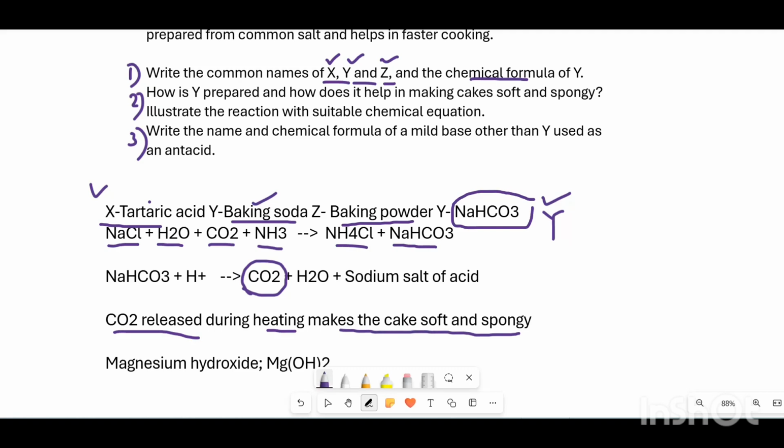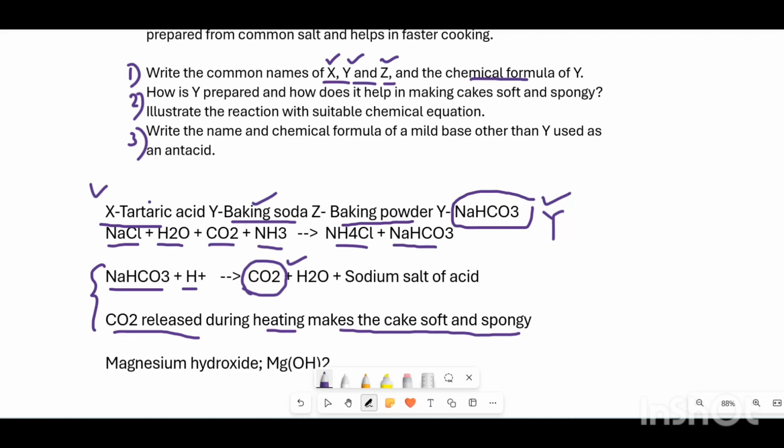So this is the reaction behind making cakes soft and spongy. You should write NaHCO3 plus H plus, so that carbon dioxide gas will be liberated, and the carbon dioxide makes the cake soft and spongy. Now sodium bicarbonate, baking soda, is used for the preparation of cakes, and another use is as an antacid.